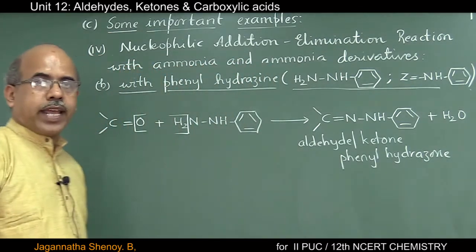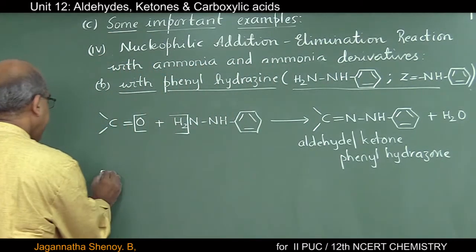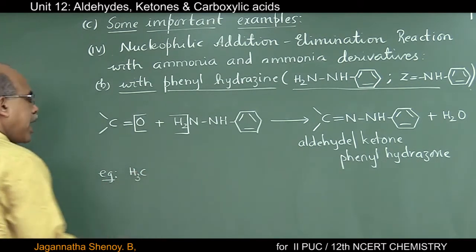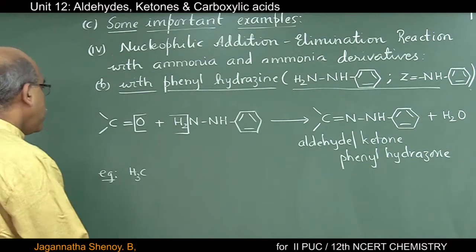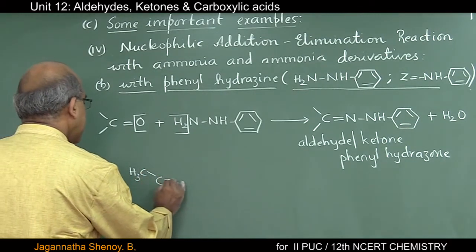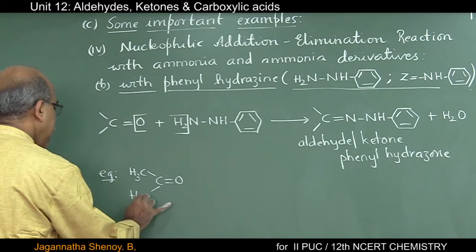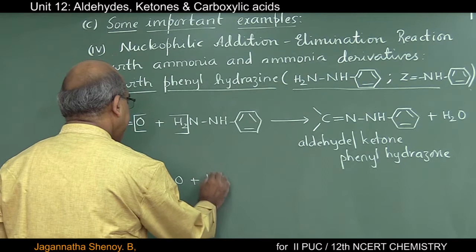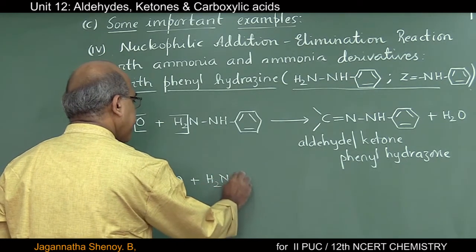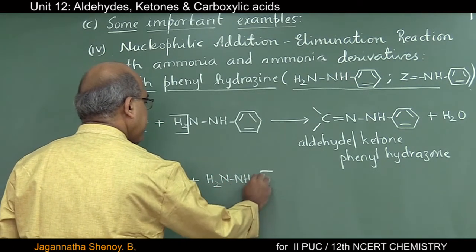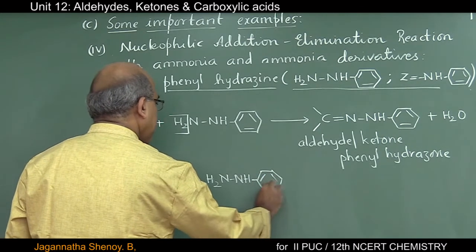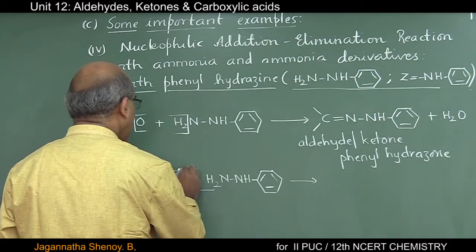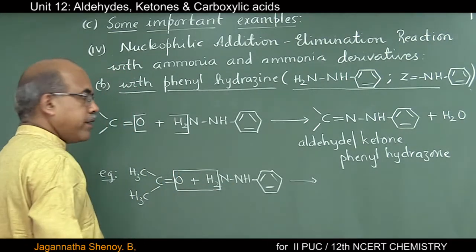We shall consider one example. Let us say consider acetone this time. I can write the equation with any aldehyde or any ketone. So this time I'll consider, let us say, acetone and write the equation with phenylhydrazine. So from here oxygen will go, from here 2 hydrogens will go.